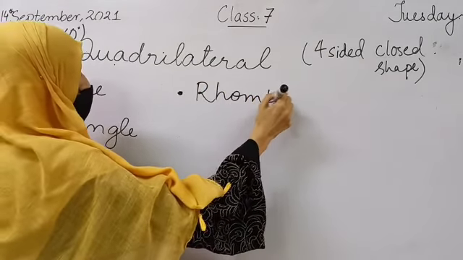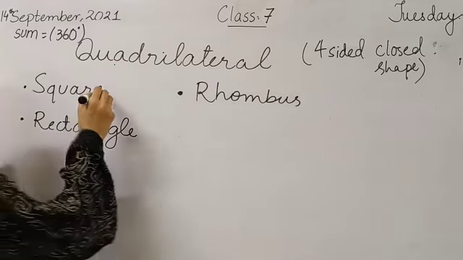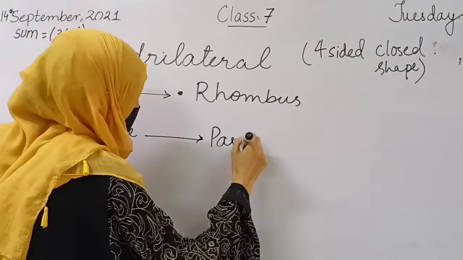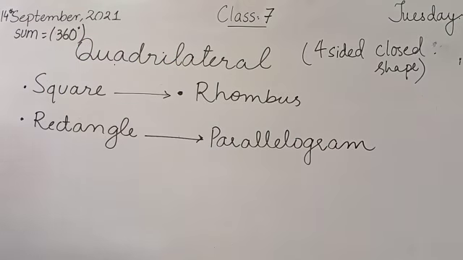Okay, try to compare a square with rhombus and a rectangle with parallelogram. Find out how a rhombus looks like, and how a parallelogram looks like, and then observe the properties, and then find out the similarities between square and rhombus and rectangle and parallelogram. Okay.